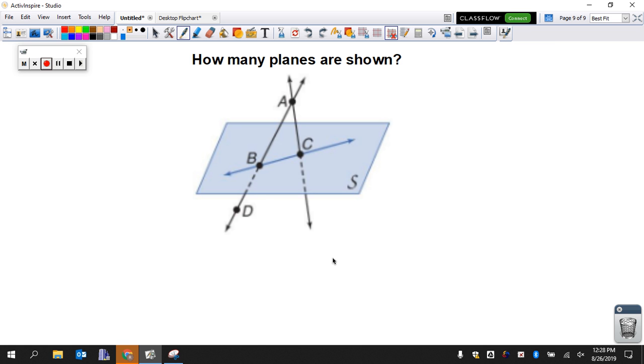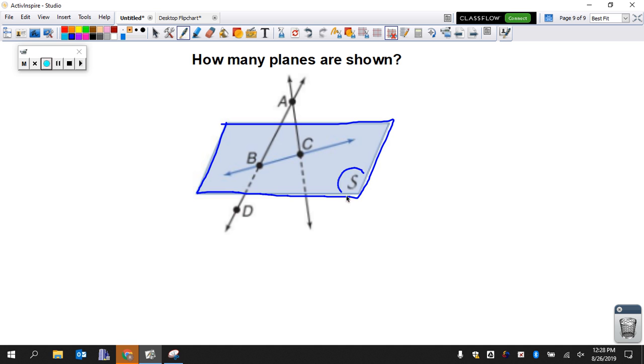This last example asks us how many planes are shown in the figure. Well, when we look here, we can see the shaded plane is one plane.